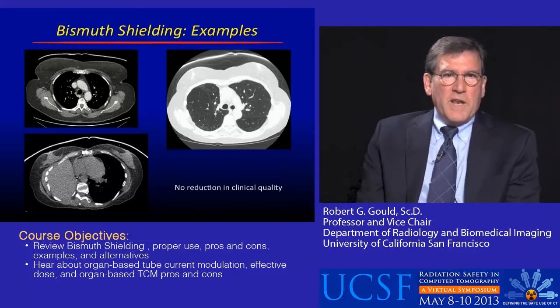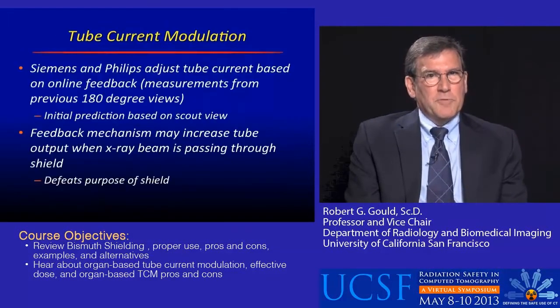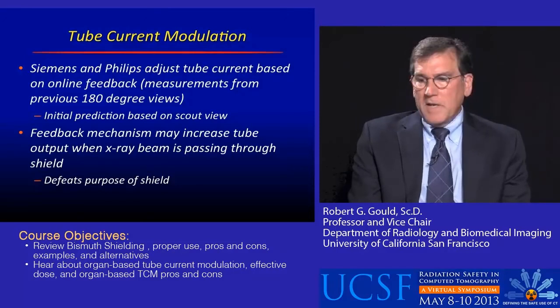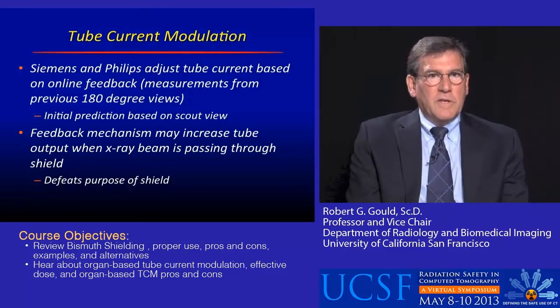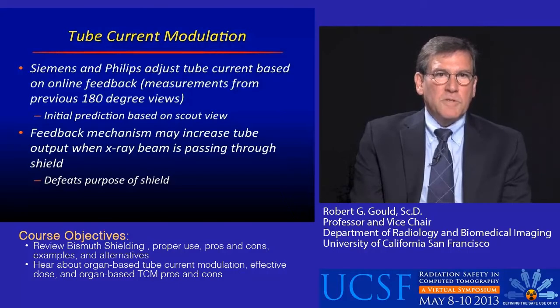So one of the challenges is the tube current modulation, and Siemens and Philips adjust the tube current based at first on the scout view, but they do have some online feedback. And this feedback mechanism, as I indicated, could result in increasing the X-ray beam as it's passing through the shield and therefore defeating the purpose of the shield.